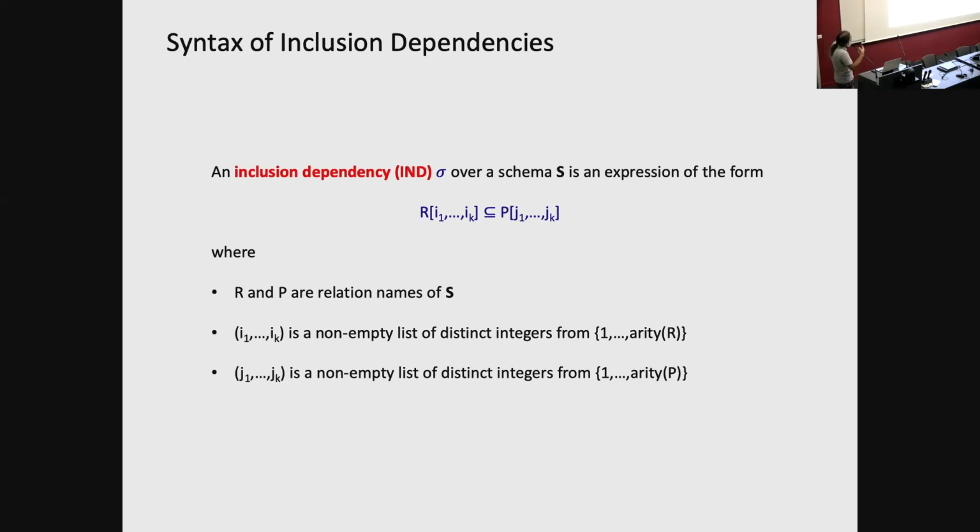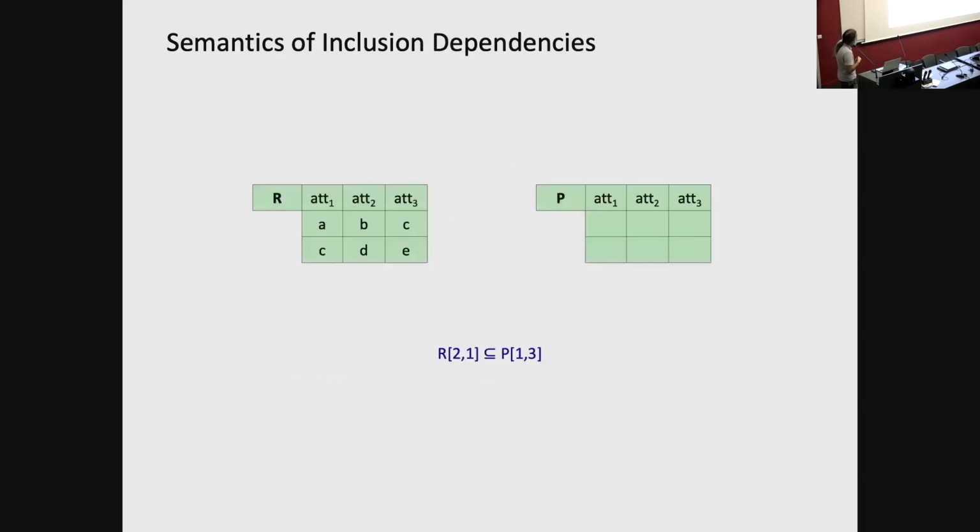So essentially, what such an inclusion dependency tells us is the following. Let's see this by a simple example, and then we will formalize the semantics.